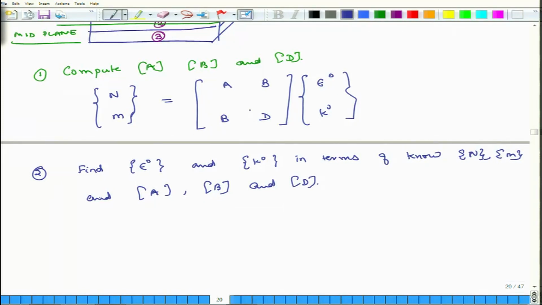Basically, we have to invert this 6 by 6 matrix, multiply on the other side, and we will get strains and curvatures.